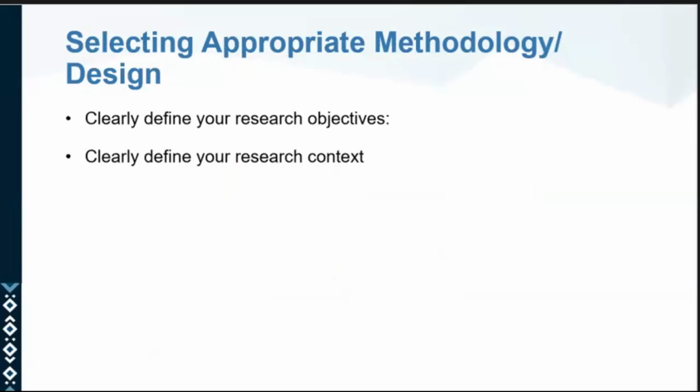When we are talking about clearly defining your research context, we are talking about also the research question, because if you are to carry out a study that is a little bit sensitive, especially maybe about, for example, STIs in adolescents, you know that adolescents that are, for example, sexually active will not be so willing to talk about some things in the presence of adults or some kind of people.